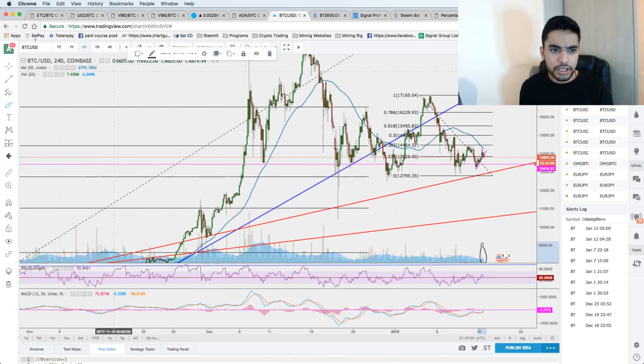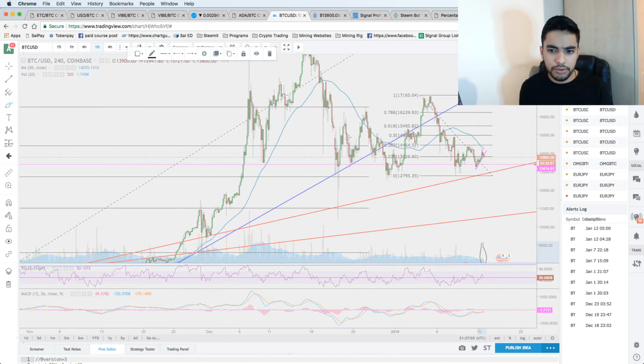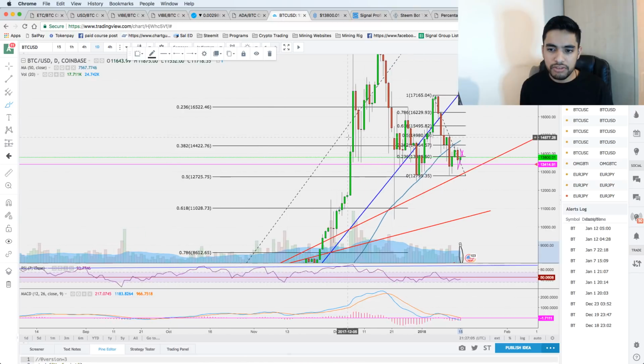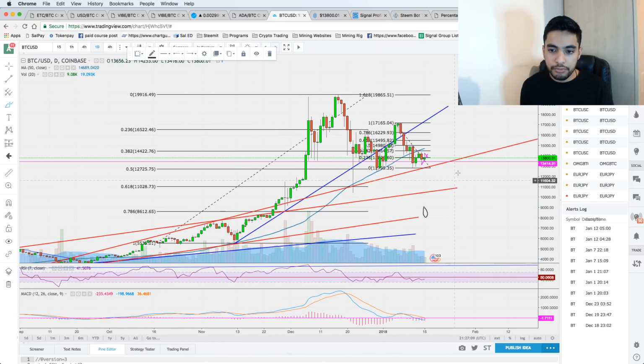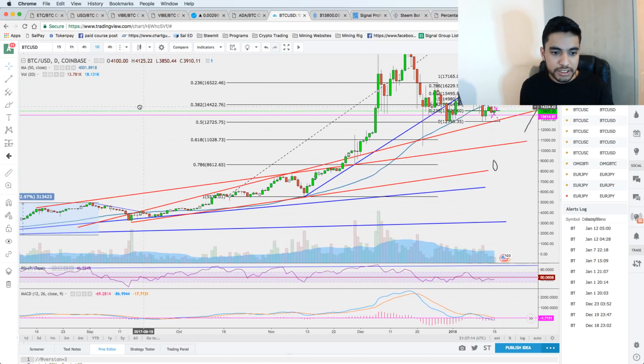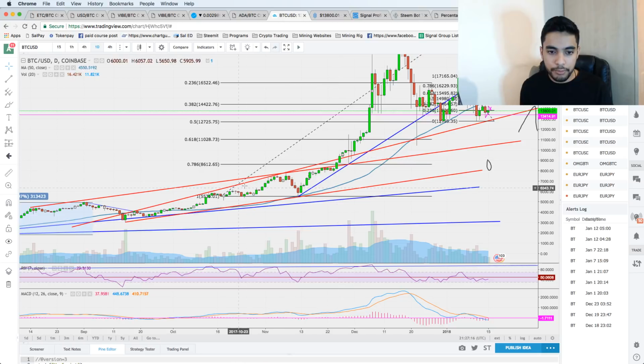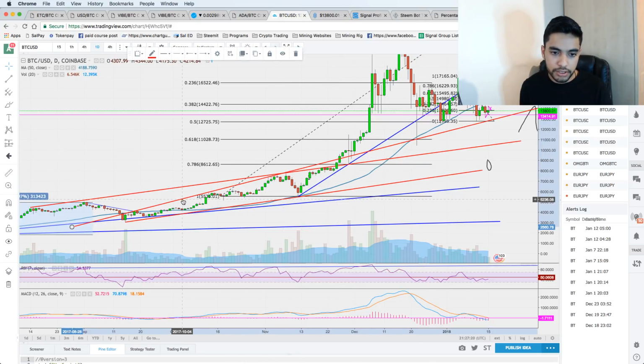Let me go to 1 hour. This is one of the trends that hopefully can make Bitcoin bounce some, because this trend line comes from the back and goes on top. Okay, this one goes from here.